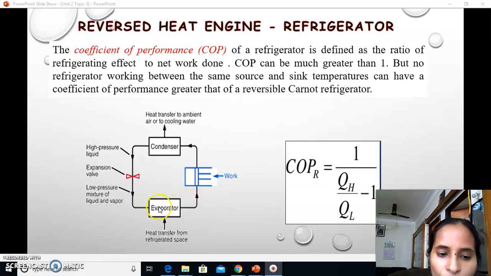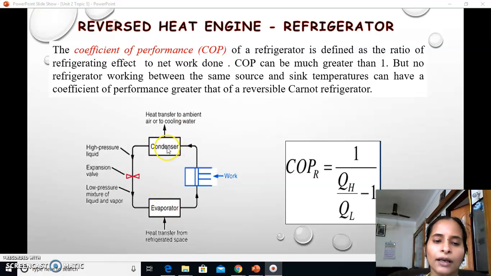The apple is kept here, and from here the refrigerant is continuously circulated in this cyclic process, and by this the apple is maintained at the lower temperature. This is the compression and expansion process, this is the heating, and this is the cooling process.